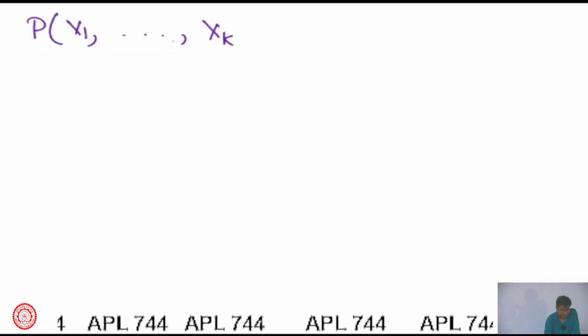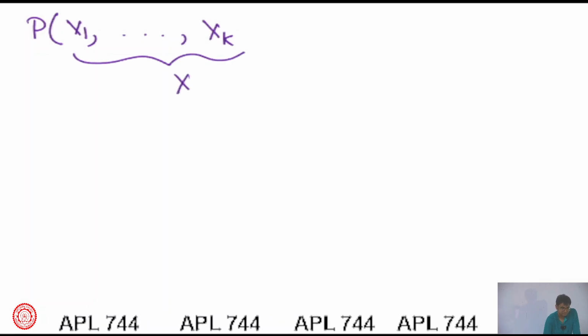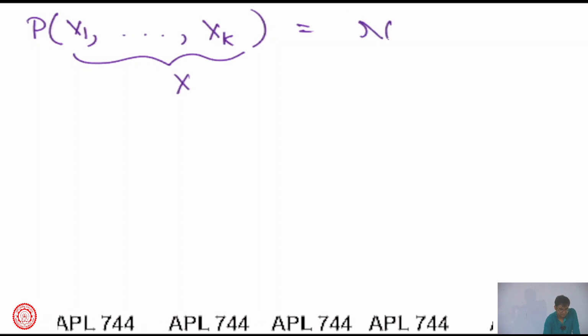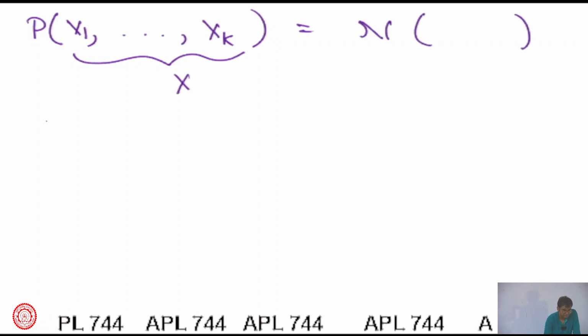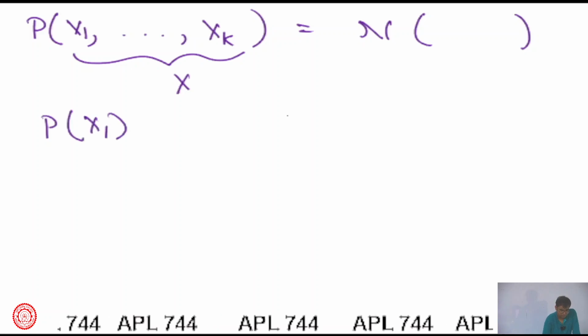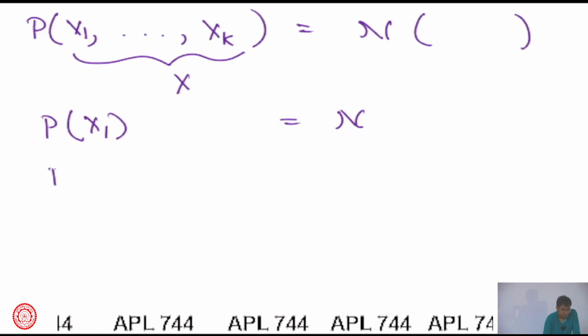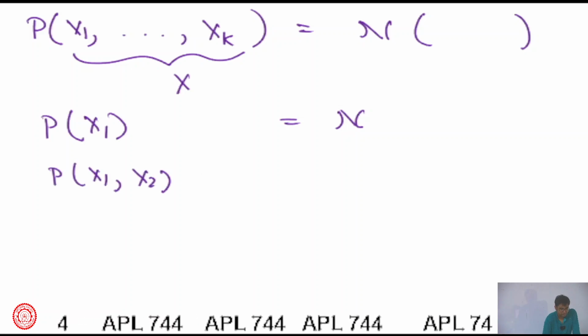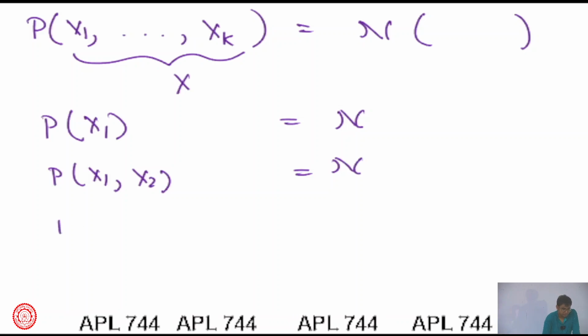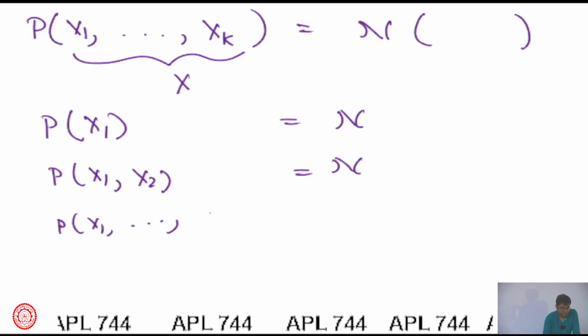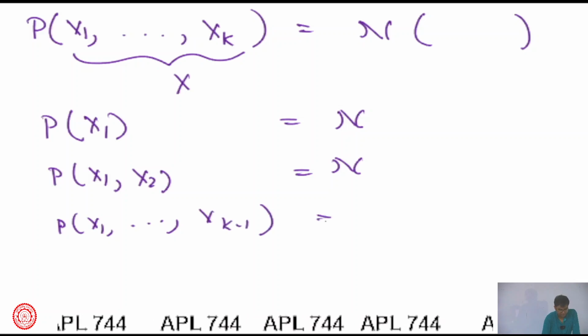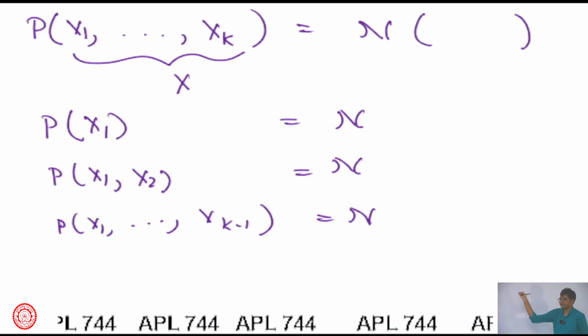This means, as I said, if the probability of x1 to xk, this is your x actually, is Gaussian without writing mean and sigma, then the probability of x1 will be Gaussian, the probability of x1 comma x2 will be Gaussian, the probability of x1 to xk minus 1 will be Gaussian. So, any subset you take, anything you marginalize, you will always end up getting Gaussian.